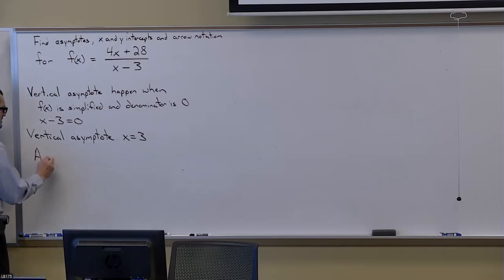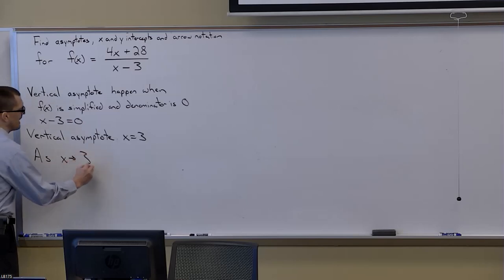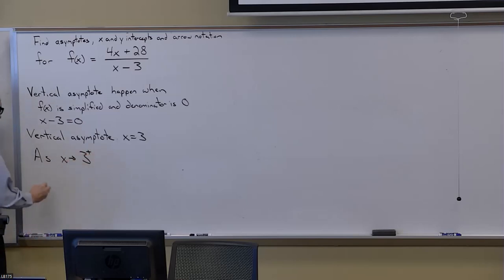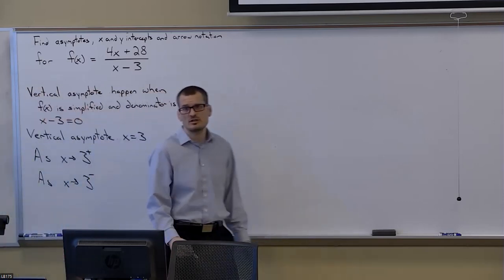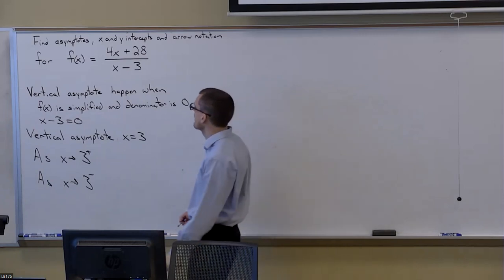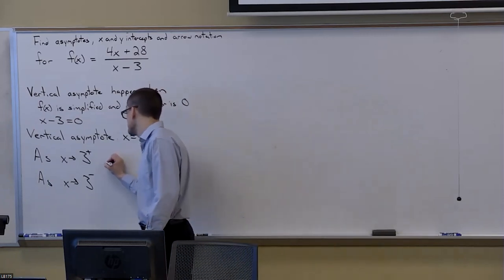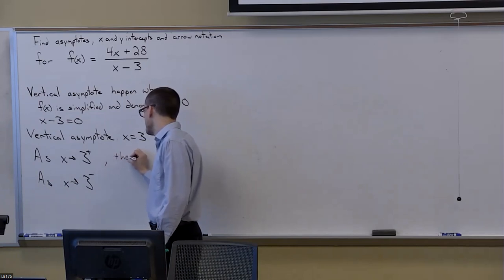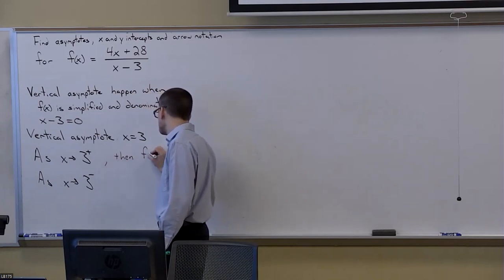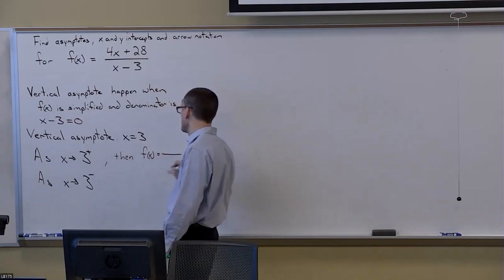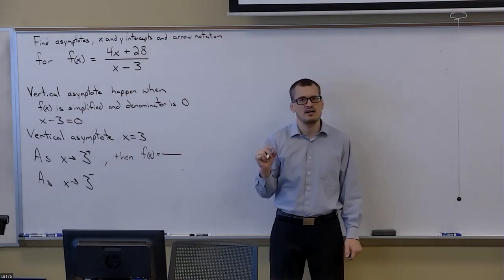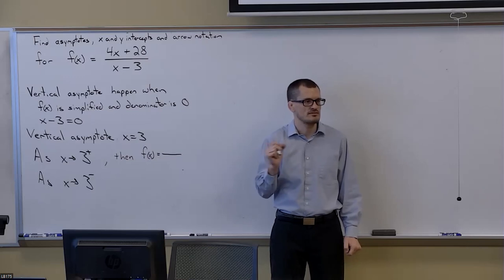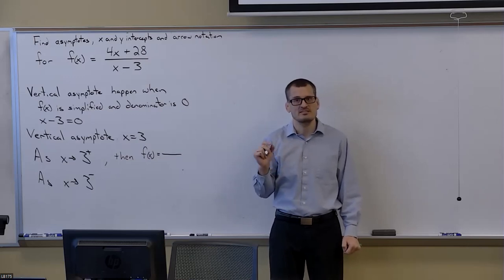Now, as x gets closer and closer to 3 from above, and x gets closer and closer to 3 from below, I want you to notice, I'll write it on the same line, f of x, if x is a little bit more than 3, is my denominator positive and close to 0 or negative and close to 0?